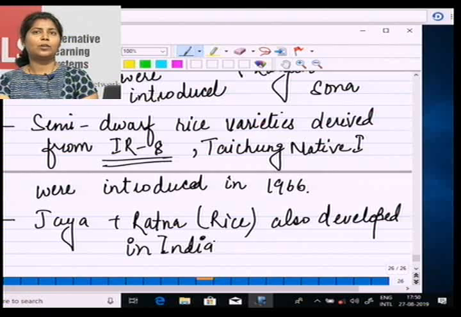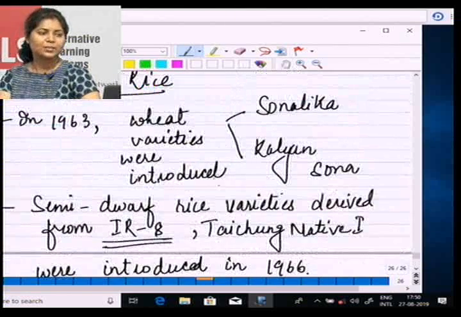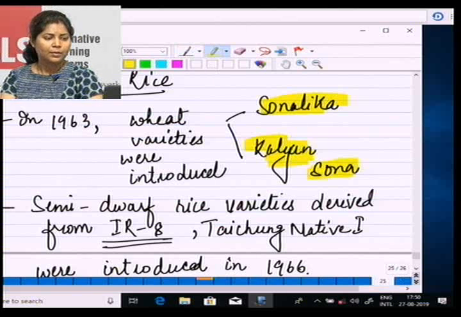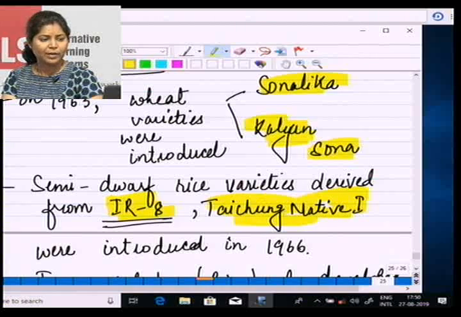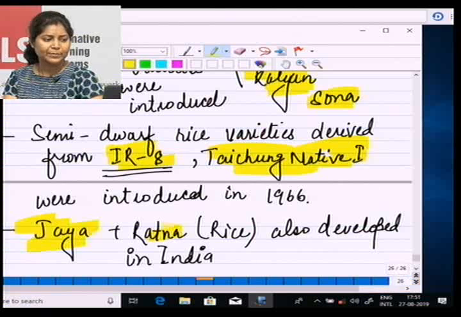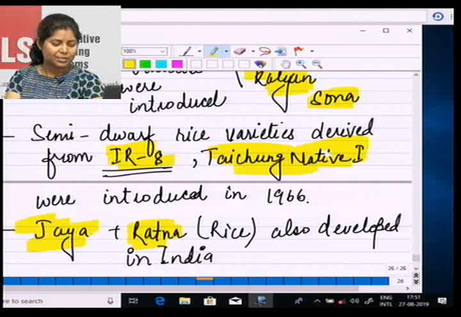So this was what was done. We have Sonalika, Kalyan Sona. We have IR8. We have Taichung Native 1. So we need to learn 6 names from here: 4 for rice and 2 for wheat.